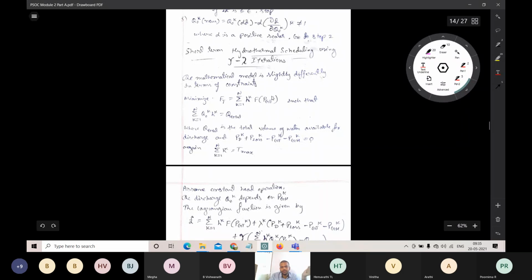In the previous method we were using only F of PGTK; here we are adding HK. H is the total interval, the total duration. In that total duration, how much power is generated and what is the production cost will be given by this equation.